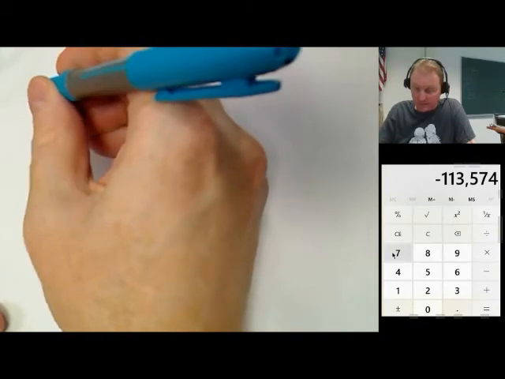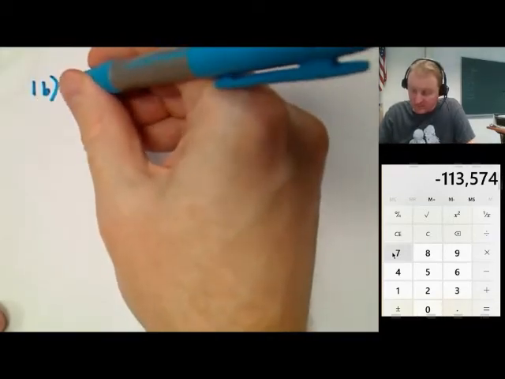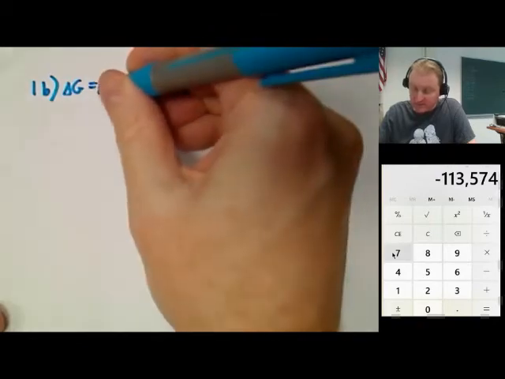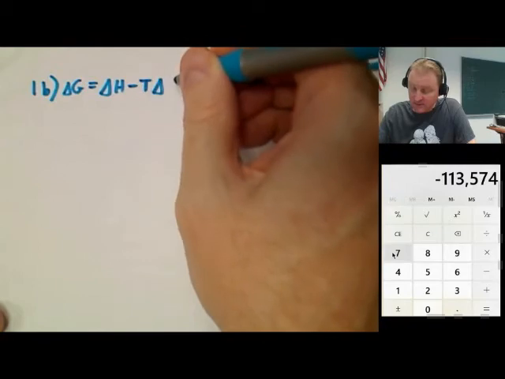Or 1B, I should say. 1B, remember, same thing. The change in free energy equals the change in enthalpy minus temperature times the change in entropy.